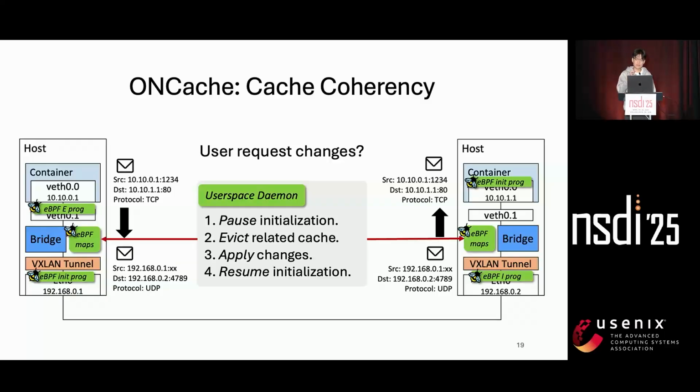Then the daemon applies the configuration changes to the original container networks. And finally, after the changes are applied to the original overlay network, we can resume the cache initialization. This process reinitializes the caches for the affected flows and therefore ensures cache coherency.